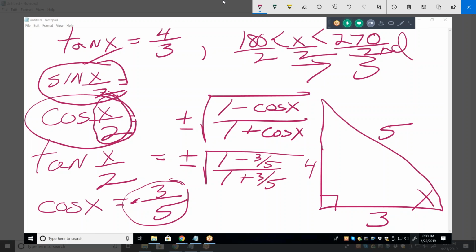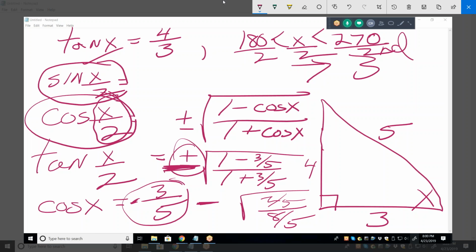Are we going to take the plus or the minus? Which quadrant is x over 2 in? The second. And tangent is what in the second? Negative. So we're going to take the negative. So what is that? Negative square root of 2/5 over 8/5.